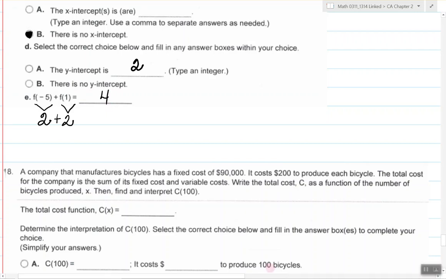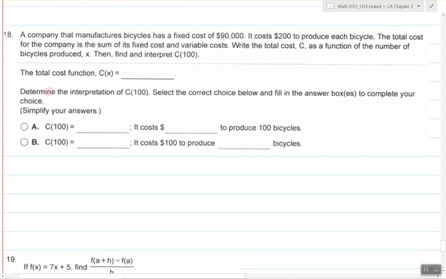All right, 2 more questions. Number 18. It's a little bit of an application problem, but not extremely algebraic. What I mean is we're not going to have a lot of algebra skills to do this, but you do need to know something about cost.